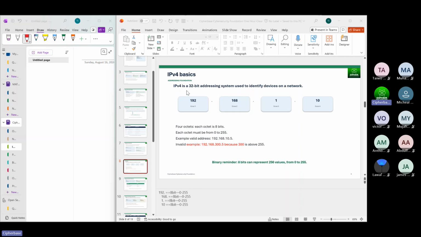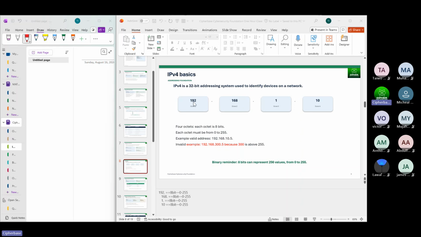So ordinarily we have the IPv4 and IPv6 address systems. Before that, we also have what is called an octet.